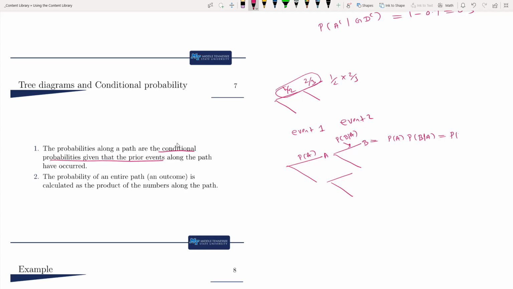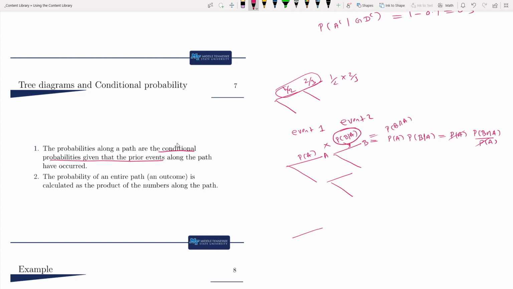Okay. So when you multiply these two probabilities, you get probability A times probability B given A, which is going to be what? If I expand probability B given A, that's probability B and A over probability A. So when you multiply these two, these cancel out, so you get probability B and A. Okay. So the probability of both events occurring is what you are really calculating when you multiply. But these probabilities are actually conditional ones.